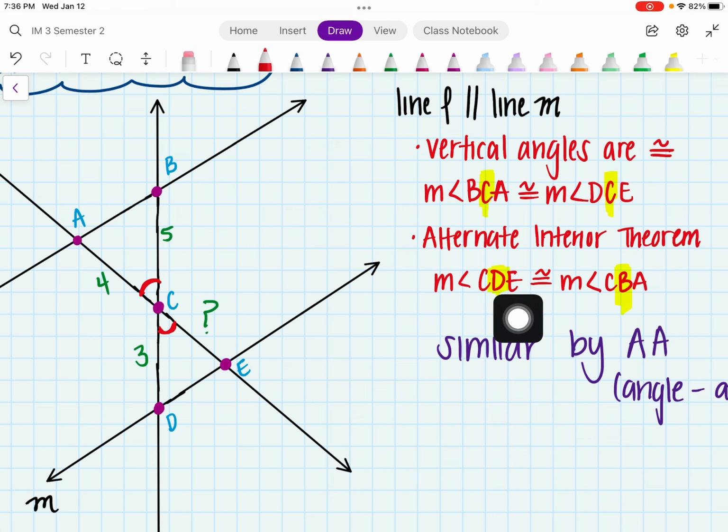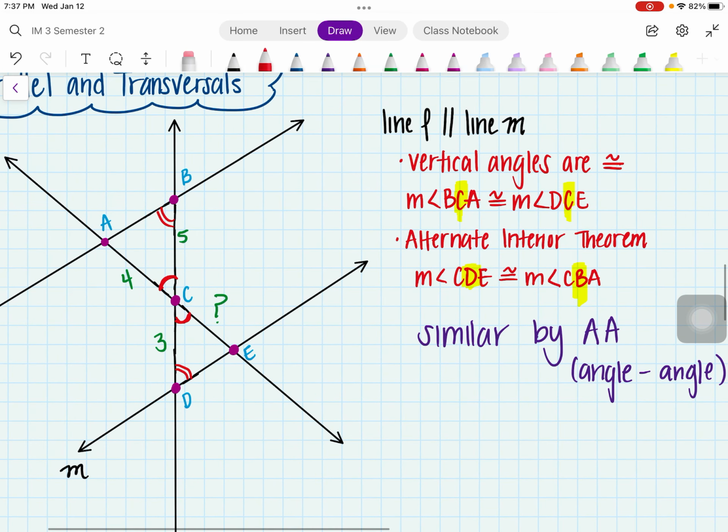Next thing they're telling us is that alternate interior angles measurement CDE is congruent to measurement CBA. So CDE is congruent to CBA. Once again, we're looking at the middle angle. So here they're telling us that this angle is congruent to this one because of the alternate interior angles.